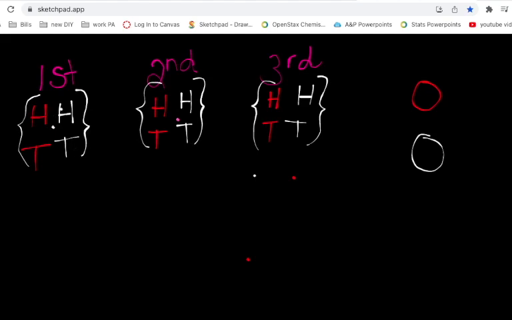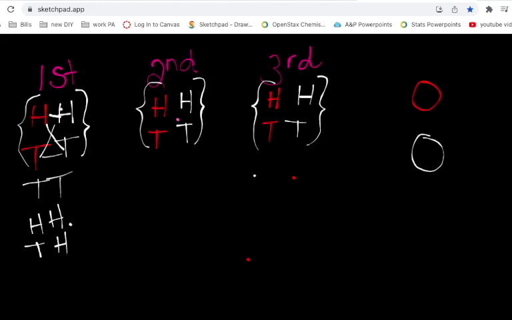But on our first flip, we could either get heads, tails, or heads, heads, or we could get tails, tails, or we could get tails, heads. But really what we're saying is you can get tails, tails, you can get heads, heads, you can get tails, heads, mixed.